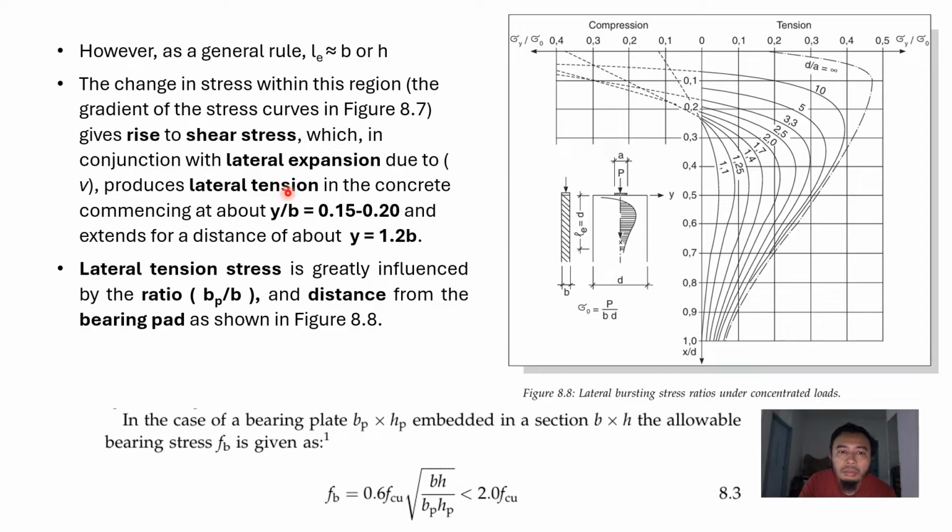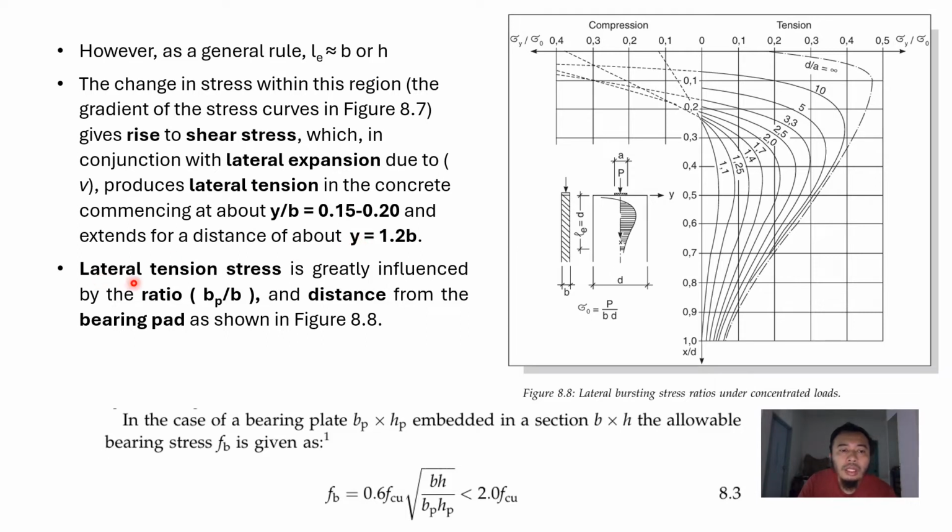So let's say your B is 200, so it commences at about 40 mm from the top, and extends for a distance of about y equal to 1.2 B. If your B is 200, then it extends to 240.